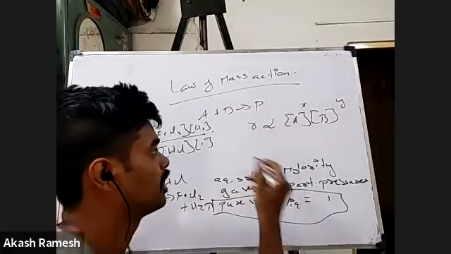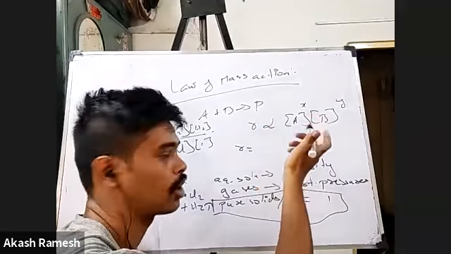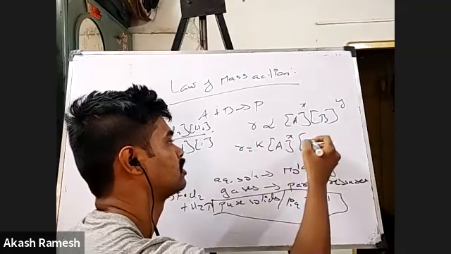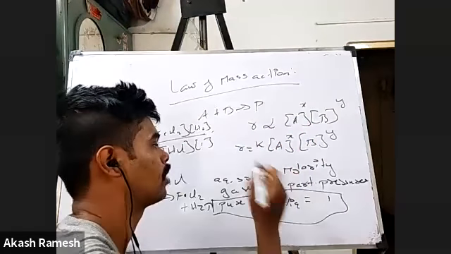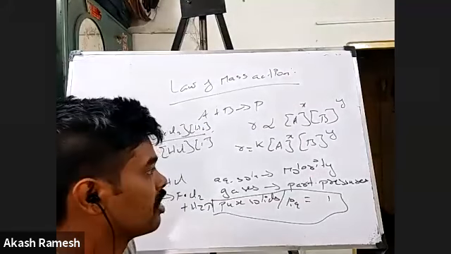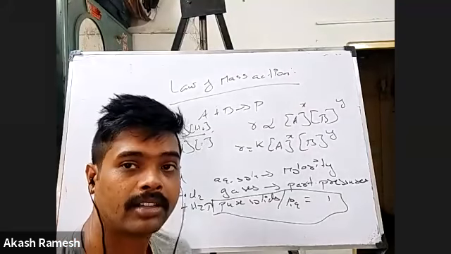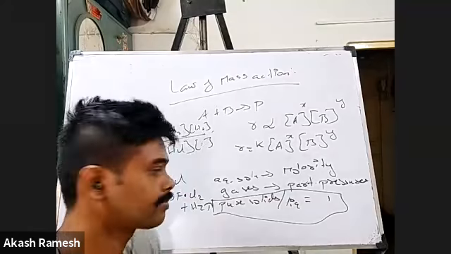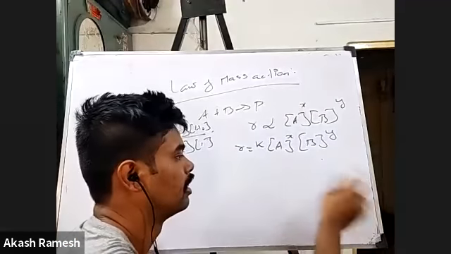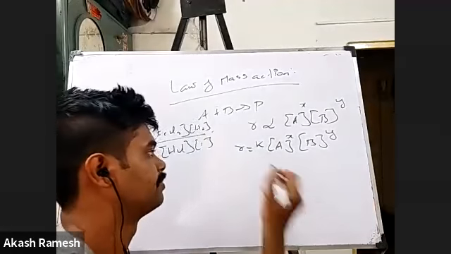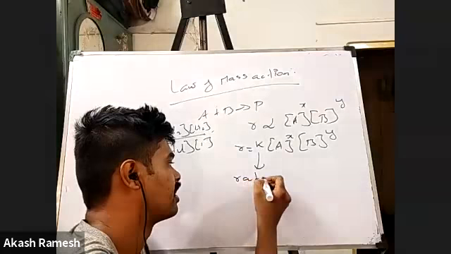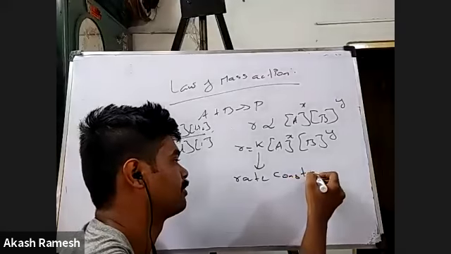So now I'll be able to rewrite this equation if I put in a constant. I can write it as K into A power X into B power Y. So R is equal to K into A power X into B power Y. Now this K is what is called the rate constant.